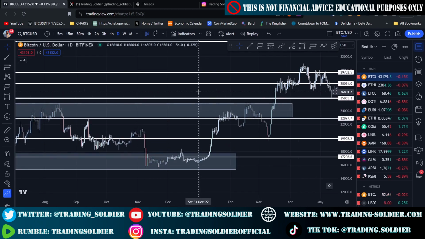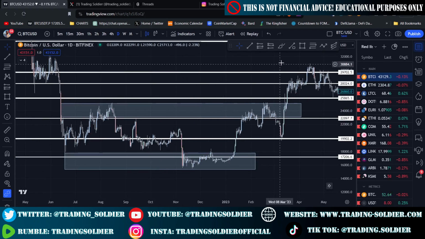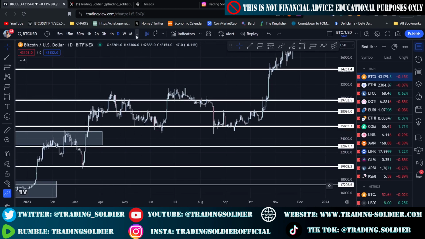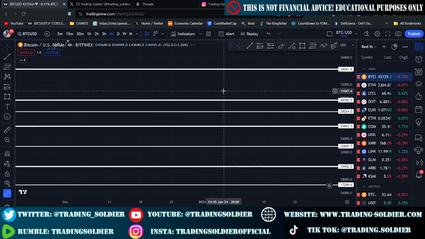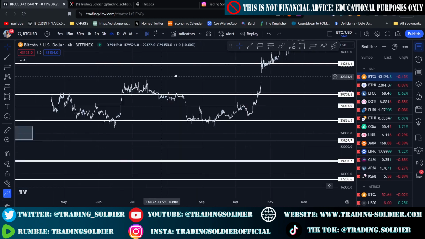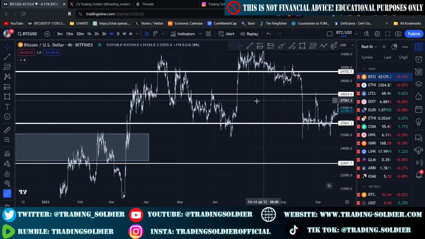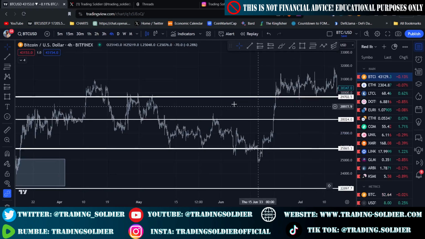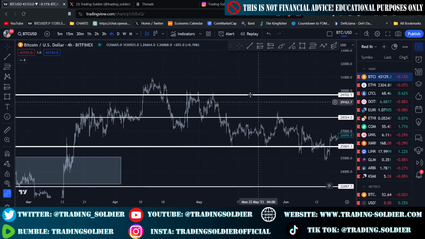So now that we have identified this support and resistance level in the daily time frame, we switch to the 4-hour time frame. Again, here in the 4-hour time frame, you will find more volatility, more weak rejections. You should also consider the support and resistance levels that you have found in the previous higher time frames, in the weekly or in the daily.